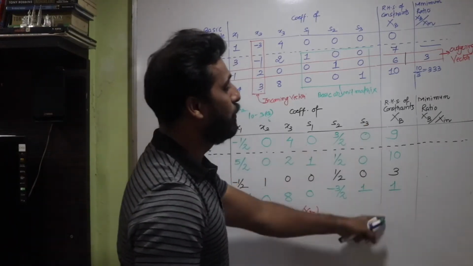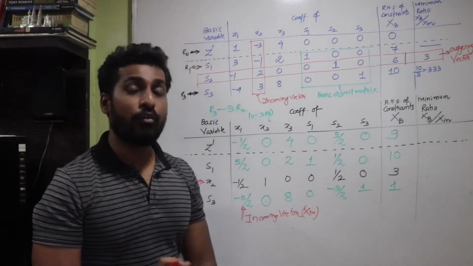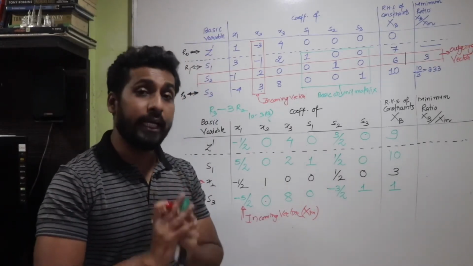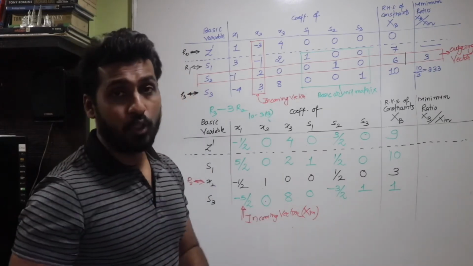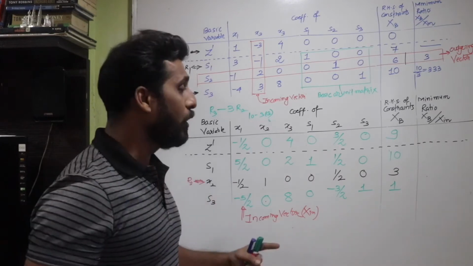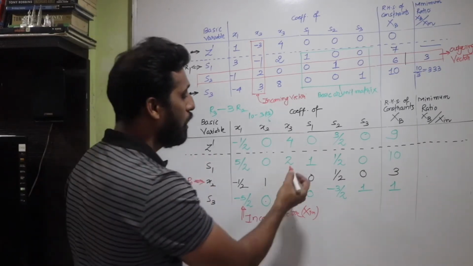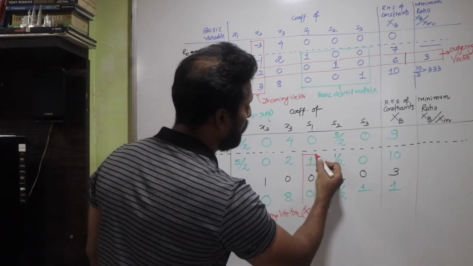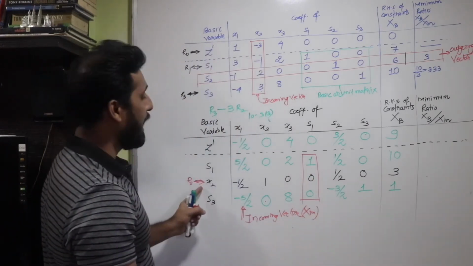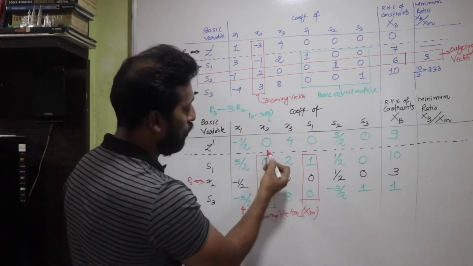We already have Xb. Let's divide the values. Make sure all negative entries and infinite values are totally ignored. All negative values and values which are going to turn out to be infinity must be completely ignored. Have you also noticed the very first basic variable was S1? Look at S1. It is 1 0 0. Next value is X2, 0 1 0. Look at the order, 1 0 0, 0 1 0.